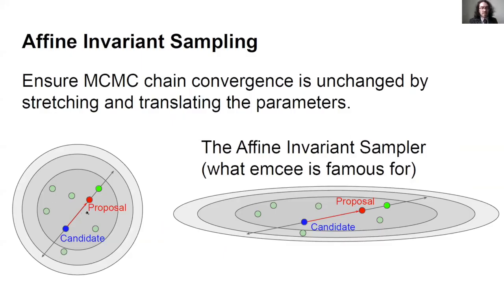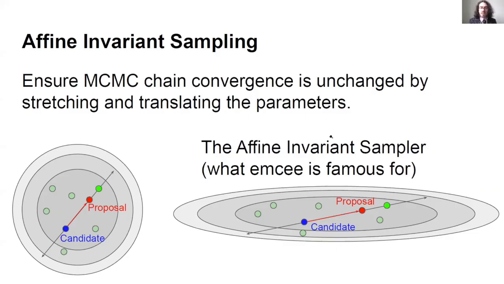The way the affine invariant sampler works is that I lay down multiple little walkers on my probability space. To make moves, I choose two of them. I choose one that's a candidate, and then I choose this green one, which I'm going to call the reference. Then I propose moves by moving along the line between the candidate and the reference.